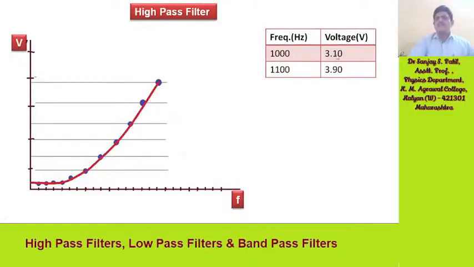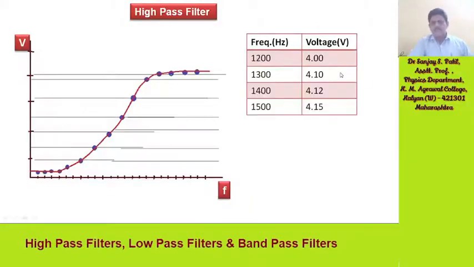Now at a frequency of 1000 Hz, the voltage is 3.10. For 1100 Hz, 3.90. For 1200 Hz, the voltage is 4 volt. For 1300 Hz, it is 4.10. For 1400 Hz, it is 4.12. And for 1500 Hz, the voltage is 4.1.